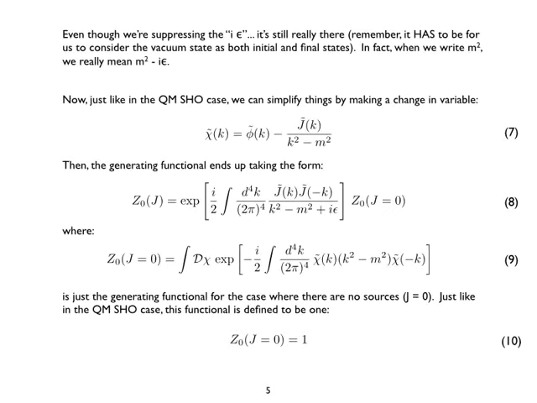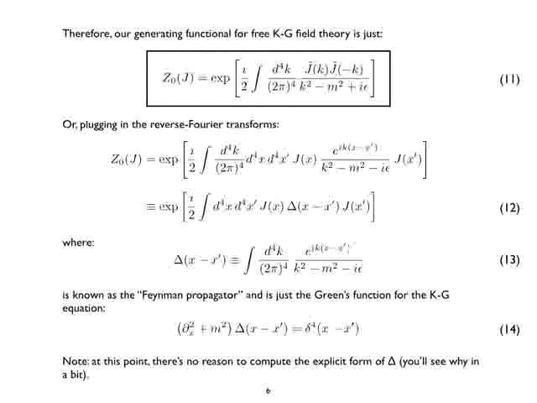I'm skipping a couple of slides here, going from equation 7 to equation 8, but it's the same exact steps that we did before. We use the same argument that in the absence of forces, or the absence of sources, the path integral with no source terms is just 1 when evaluated between the ground states. That allows me to replace the complicated looking path integral with this, equation 11, the nice compact expression that involves these source terms.